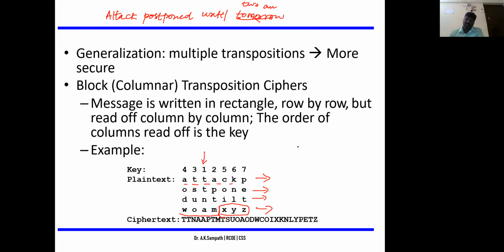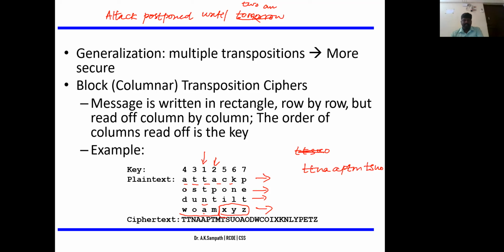But when I am transmitting the information, I take the values column-wise. The first column is TTNA. The second column is APTM. Column 3 is TSUO.